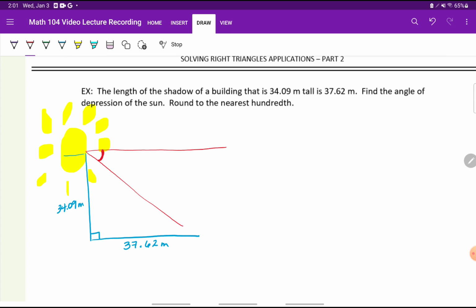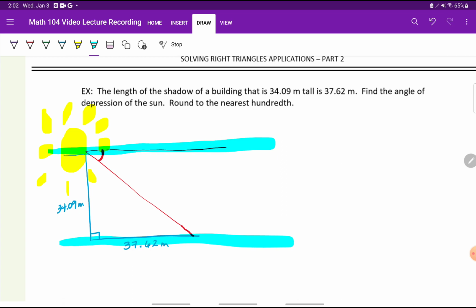Well, the thing is that the angle of depression is here. It's not inside my right triangle. So let me point something out to you. We use this geometry property frequently in trigonometry. This sight line of the sun is a horizontal line, and the ground is a horizontal line.